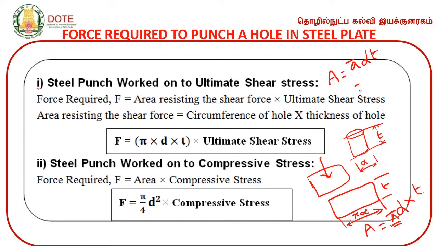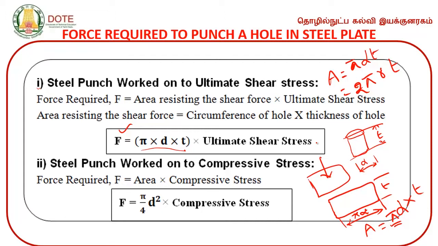If you are given the radius, then it is going to be 2 pi r into t. So the area resisting the shear force is given by the circumference of the hole and the thickness of the plate. So force required is given by pi d into t and ultimate shear stress. This is going to be the formula to determine the force required to punch a hole.